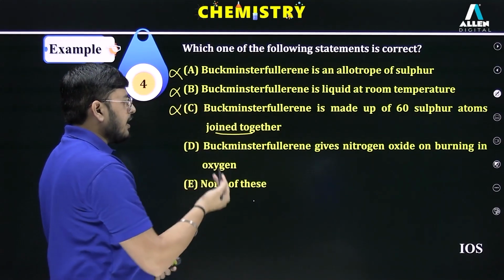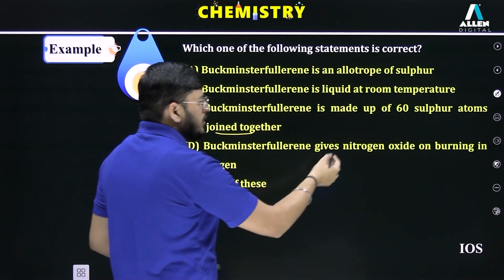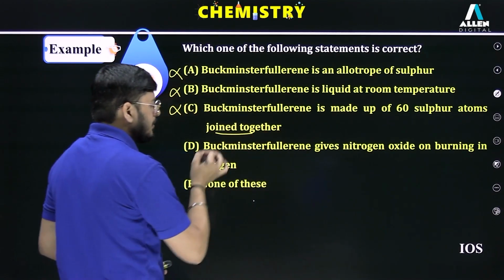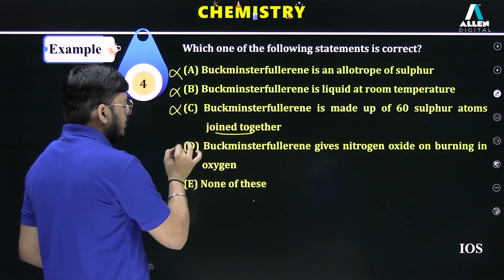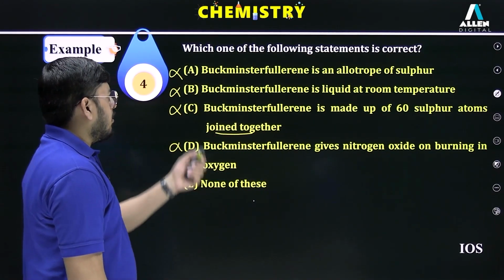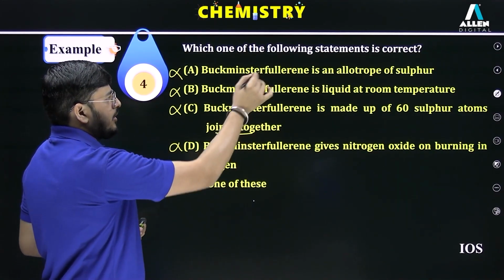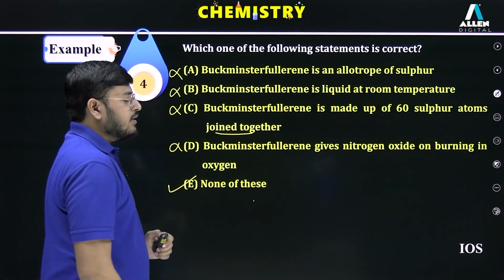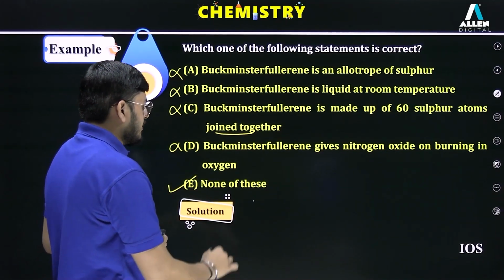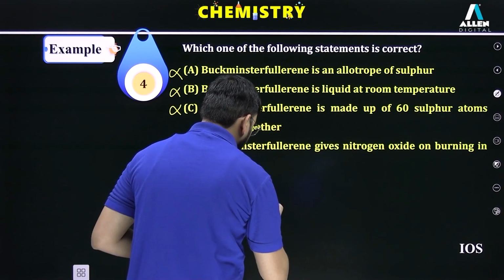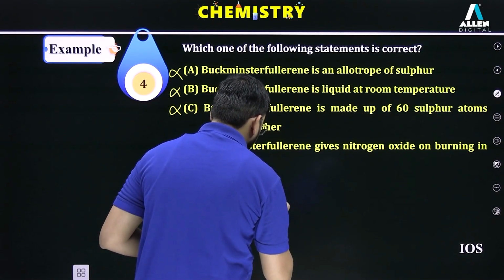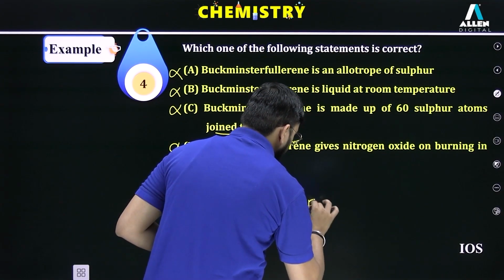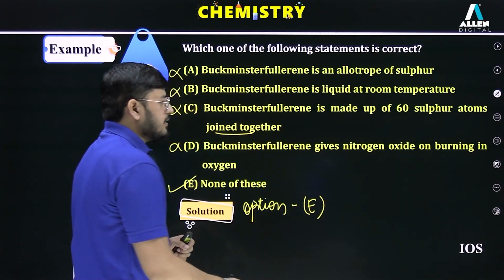No, they are carbon. Buckminsterfullerene gives nitrogen oxide on burning in oxygen. No, students. So all the statements are incorrect over here. The question asks for the correct statement, so we are going to go with none of these as the answer. So the last option, E, will be the answer.